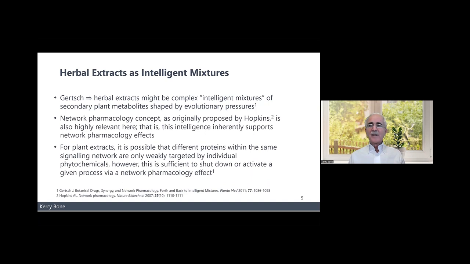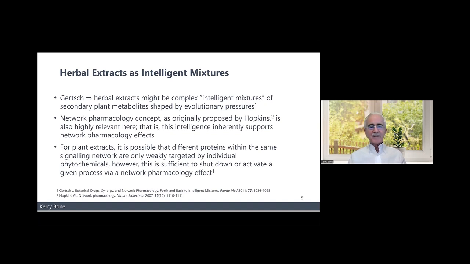Another way of putting it is that we're using a therapeutic agent that was once alive, once a living organism, and built into its chemistry is a particular affinity for having effects on other living organisms.